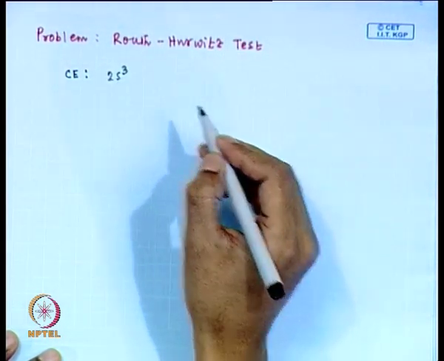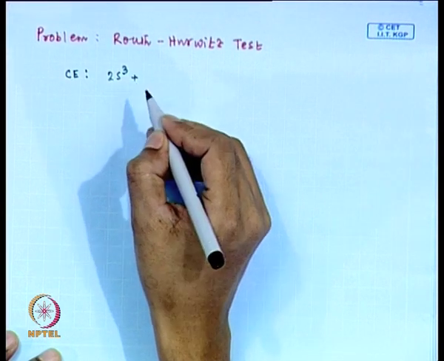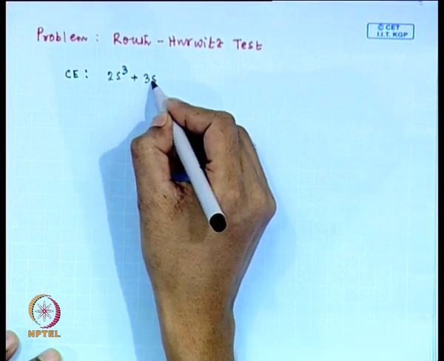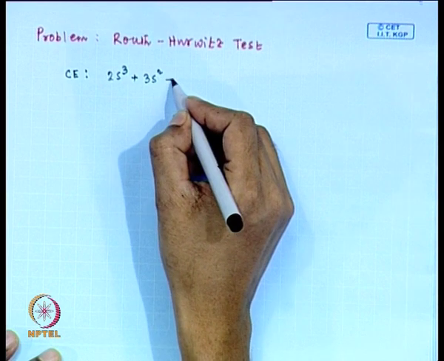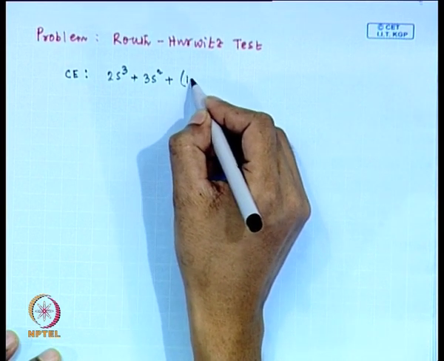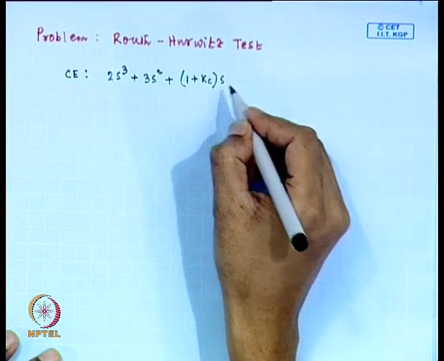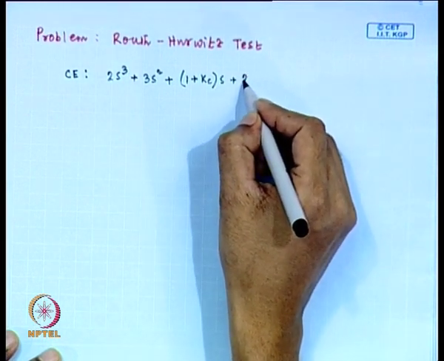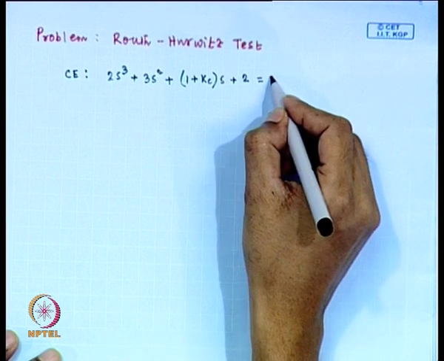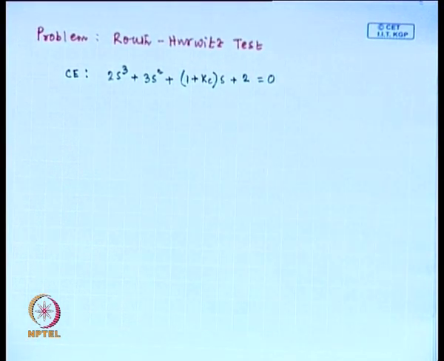It is 2s cube plus 3s square plus (1 plus Kc) s plus 2, which is equal to 0, and Kc is the proportional gain of the controller.